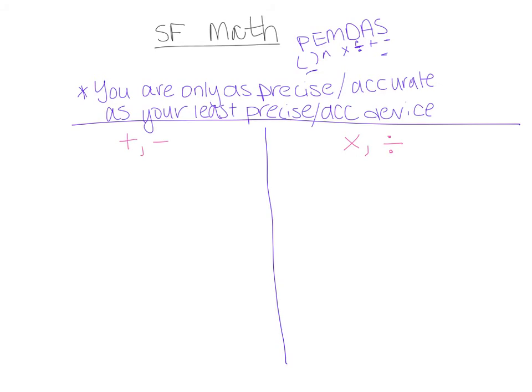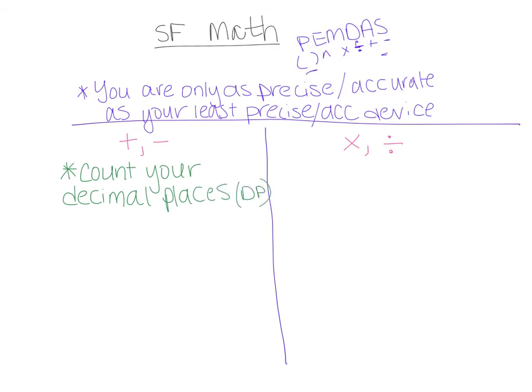The big difference between these two is for addition and subtraction, the most important thing you've got to do is count your decimal places. And if I'm ever giving you a reminder, you'll see me put DP. Instead of SF, it's DP.